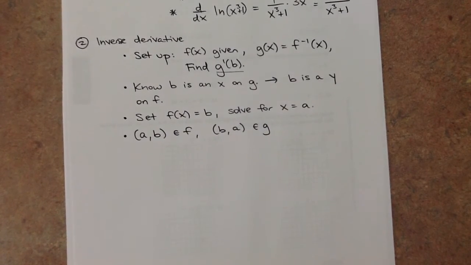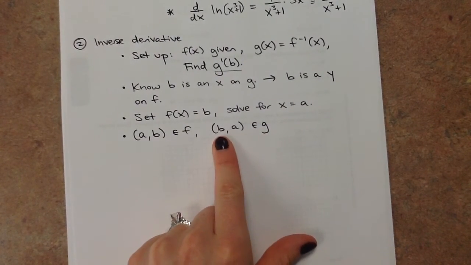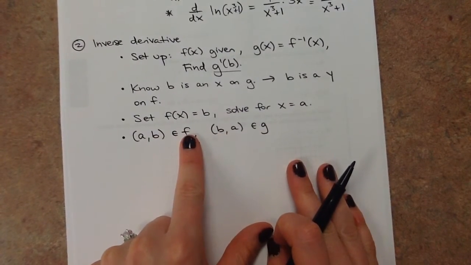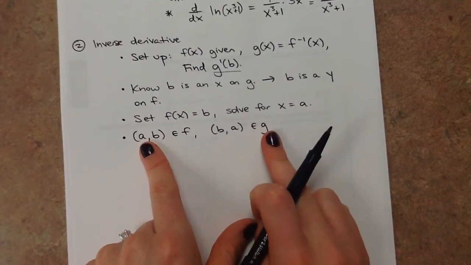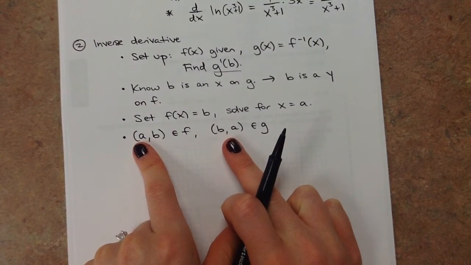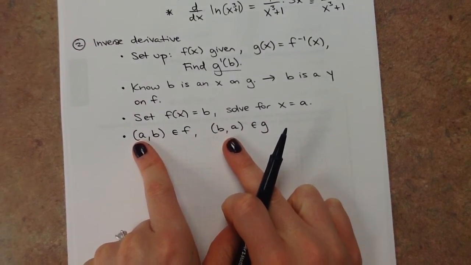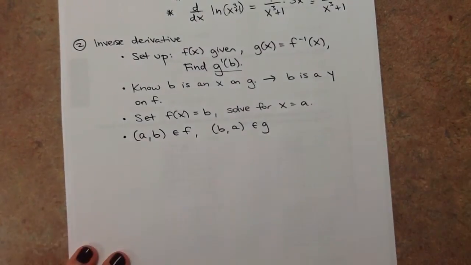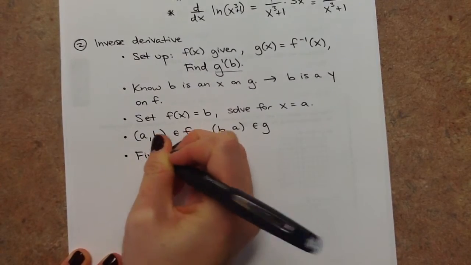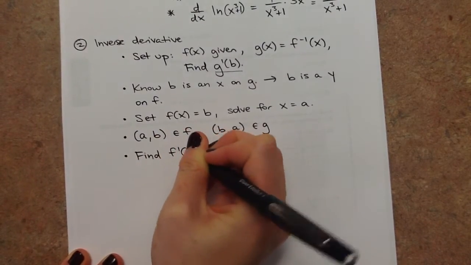Okay, so now our goal is to find g prime of b. So what we do instead, because we have this information, we find f prime of a, and then how does g prime of b relate to f prime of a? It's the reciprocal. Good. So if we want g prime of b, what we do is we find f prime of a and then take the reciprocal.